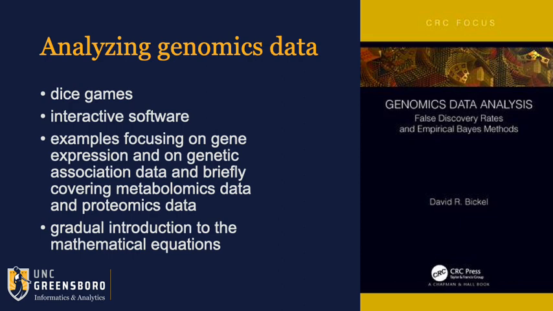And this one also involves dice games, interactive software to teach some of the concepts, and examples focus on gene expression and genetic association data. The same statistical methods involving false discovery rates can also be used to analyze metabolomics data and proteomics data. So those also are treated in the book.